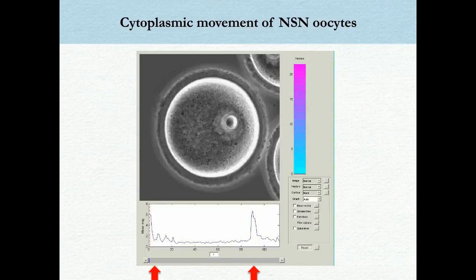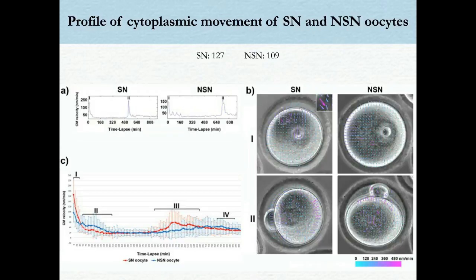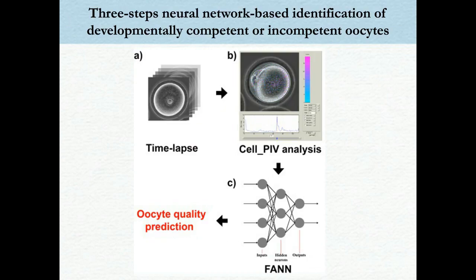Overall, the analysis of 127 SN and 109 NSN oocytes brought up differences in the cytoplasmic movement profile of the two types of oocytes, particularly during 4 main time-lapse periods. Whilst these differences are evident when analyzing large numbers of oocytes, they cannot be used to identify single oocytes.